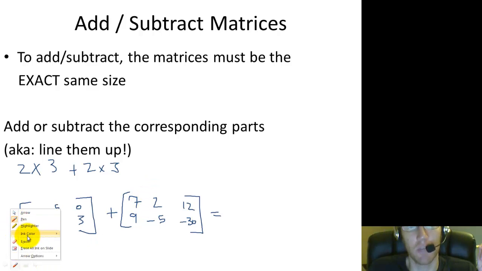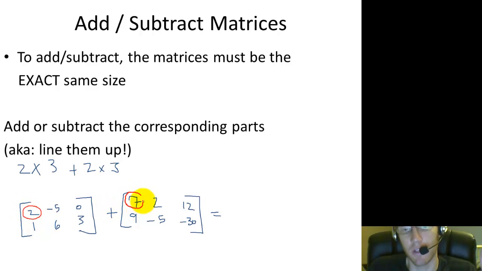Our corresponding parts are first row, first column of this matrix with first row, first column of this matrix. Then you just do basic adding and subtracting on these 2 numbers. So 2 plus 7, and our answer is also going to be the same size.